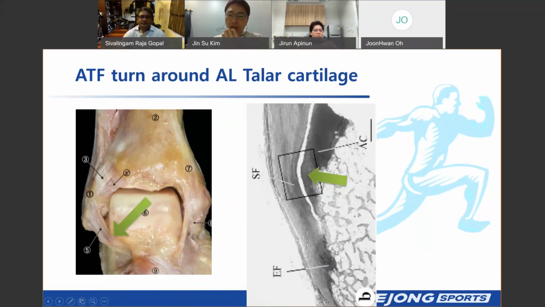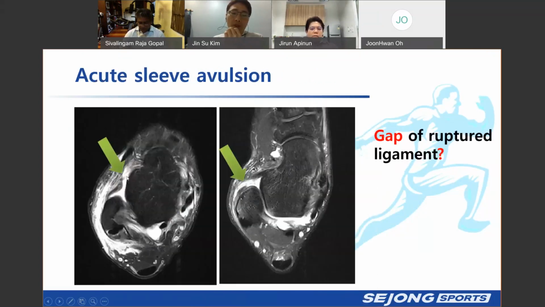If there is an avulsion at this distal attachment, like in the left side MRI, the distal avulsion tear, this corner is prone to distract distally, so it makes a big gap. The gap is higher, so it also leads to chronic progression.